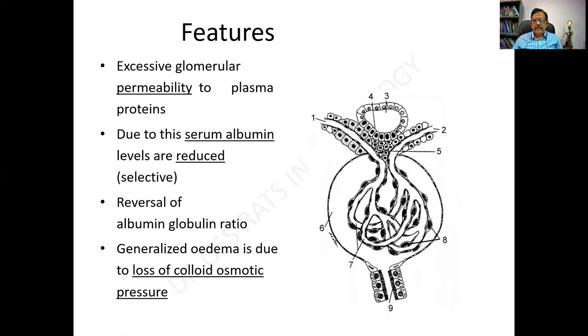Even large and small molecular weights can be excreted together. Also, there is a reversal of the albumin globulin ratio because of the loss of albumin. And finally, owing to the loss of protein, there can be a loss of the colloid osmotic pressure, which can result in a generalized edema. So these are the features which you people shall and will understand and reproduce.